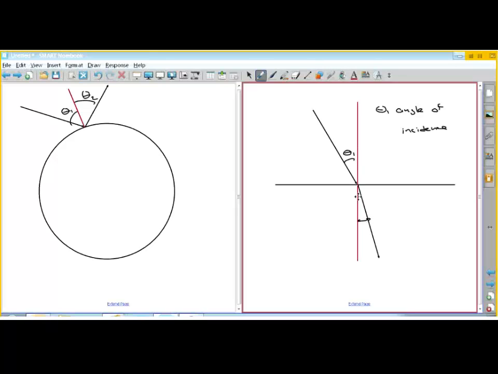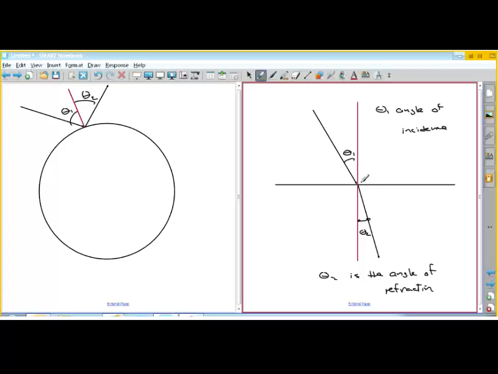It's the angle between the perpendicular line and the ray. Theta 2 is the angle of refraction. So it's just like before, except this is refracting. Reflection, it bounces off. Refraction, it goes through the surface and bends, depending upon the ratio of the properties of the two materials, which we'll talk about next.